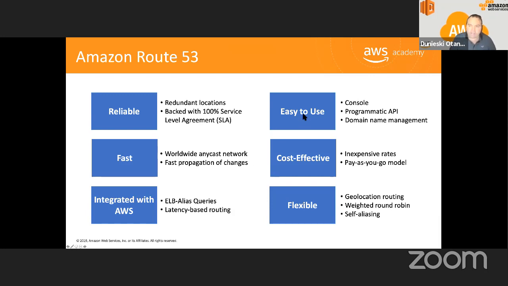It's easy to use. You can use the console, you can use the programmatic API, SDKs, and domain name management. Inexpensive rates, it's not expensive, and it has a pay-as-you-go model. Geolocation routing, weighted routing, round robin, and self-aliases. Now we're going to see that.